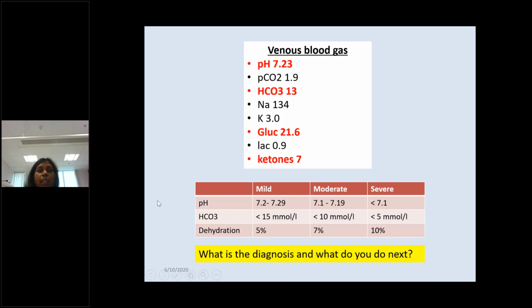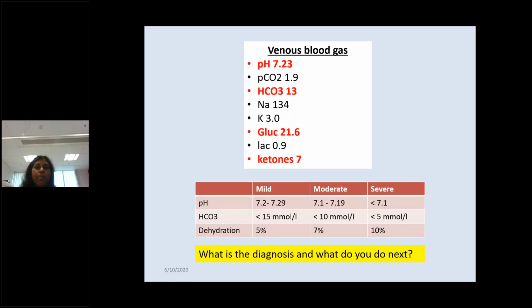If you follow the little table I've given here, whether it's mild, moderate or severe, we know that the pH is between 7.2 and 7.29, the bicarb is less than 15 millimoles per liter, and his glucose is more than 11. So he's in mild DKA, and we estimate 5% dehydration. So what is the diagnosis and what do we do next?